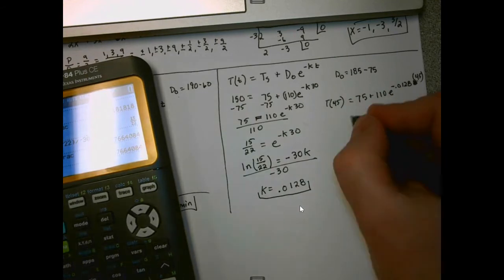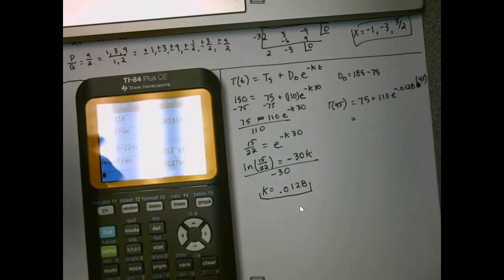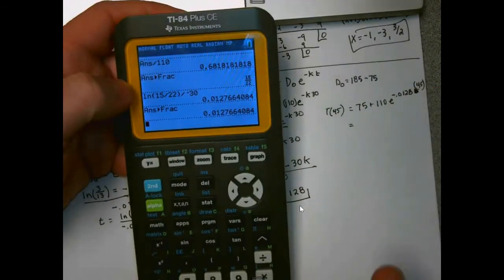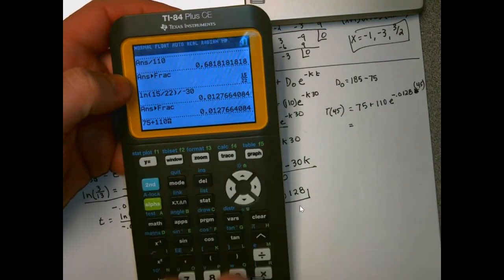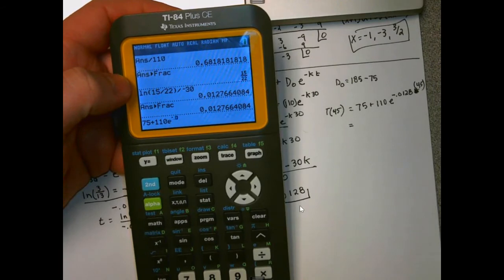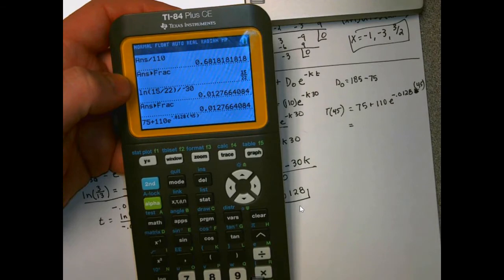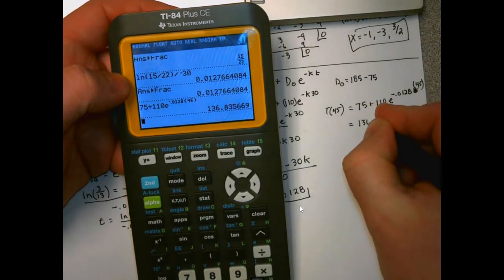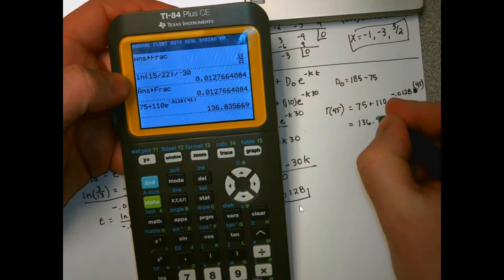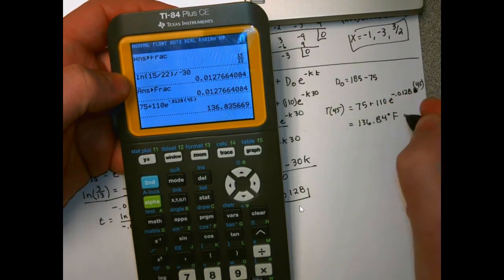Okay, so we can put all this into the calculator here. So we got 75 plus 110 e to the minus 0.0128 times 45. And that is 136.84 degrees Fahrenheit.